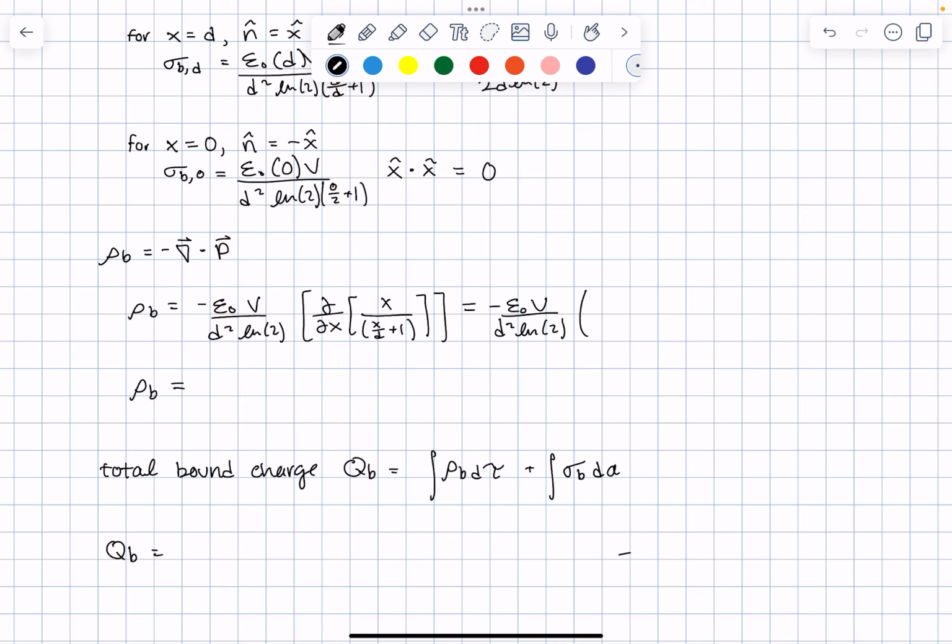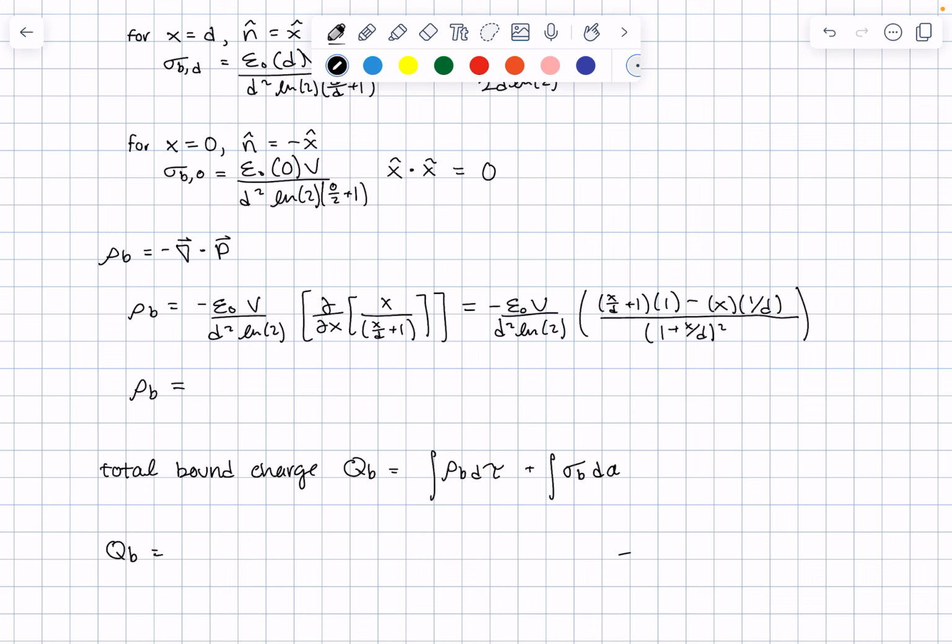times, here we're using the quotient rule, so low times derivative of high. Our low will be x over d plus 1, derivative of the top will be 1 minus low d high minus high d low. That's how I remember it, over low squared. So now it'll be our top times the derivative of our bottom, 1 over d, all over our bottom squared, 1 plus x over d squared.